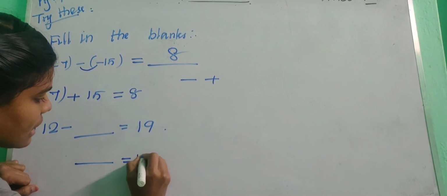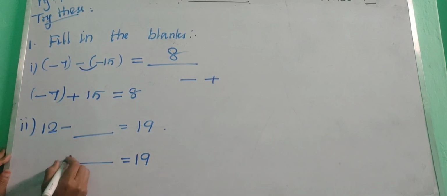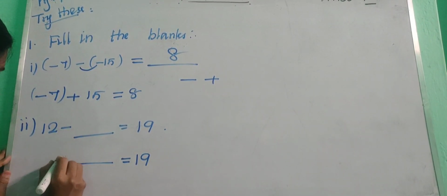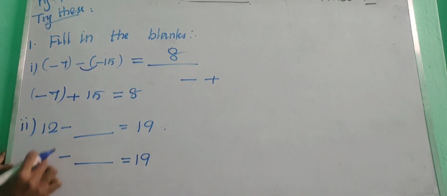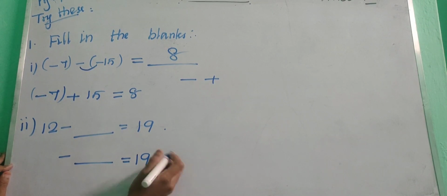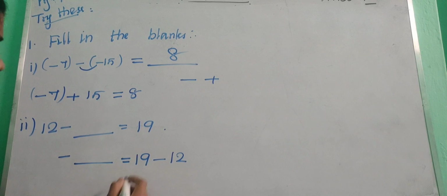Here we have 19. For this dash we have a minus sign, right? So bring this number to that side, so this 12 becomes minus 12. Okay children, so just find the answer now. 19 minus 12.